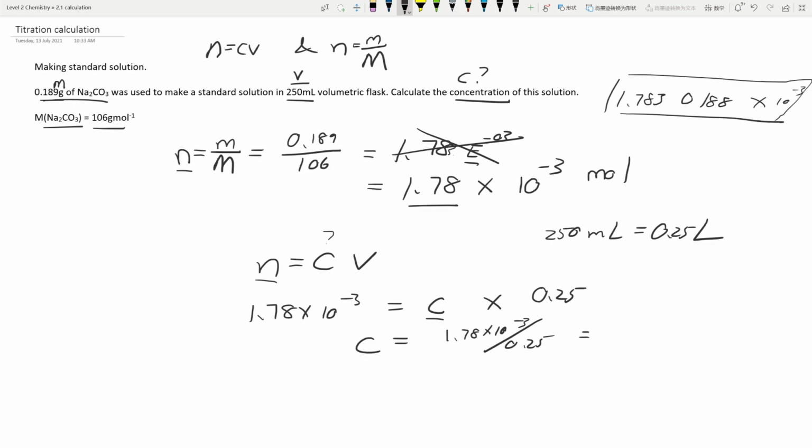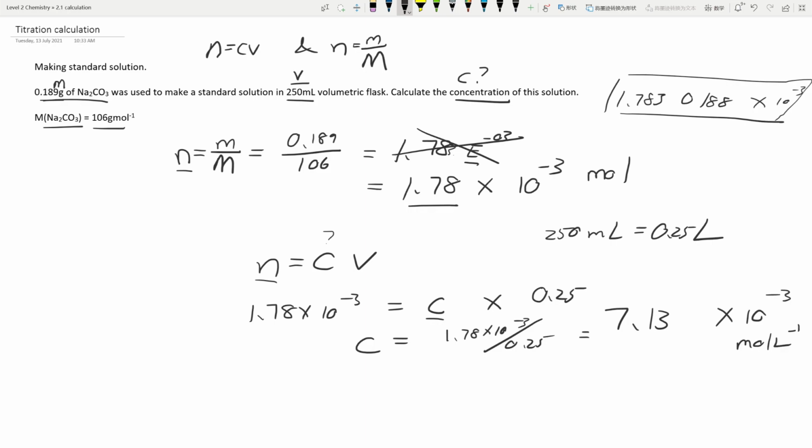So on my calculator, I just say 0.189 divided by 106, then I get that 1.78 blah blah blah, that entirety thing. I just leave it there, then I press divided by 0.25, and then I get 7.13 times 10 to the power of negative 3 moles per liter.